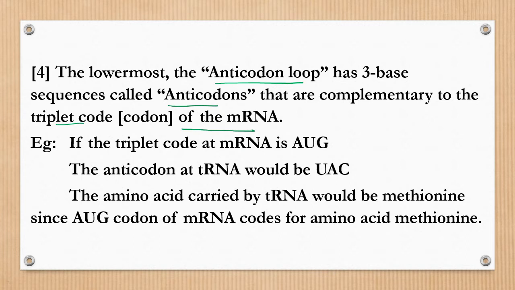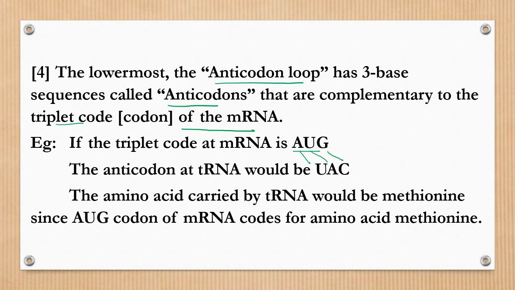For example, if a triplet code at mRNA is AUG, then the anticodon sequence at tRNA would be UAC. So both are complementary to the codon present on the mRNA.